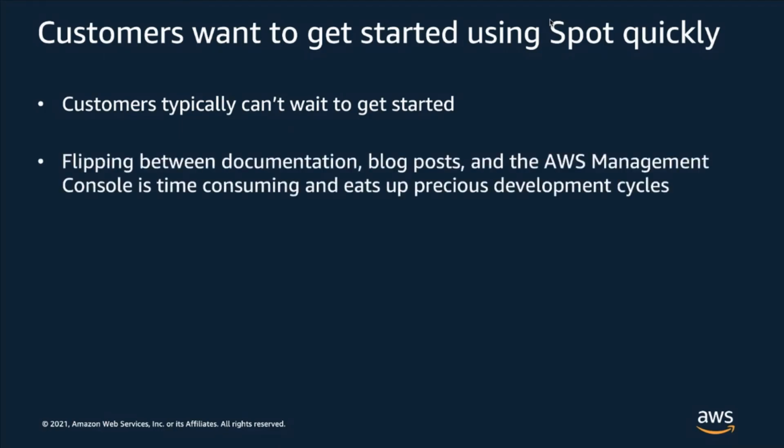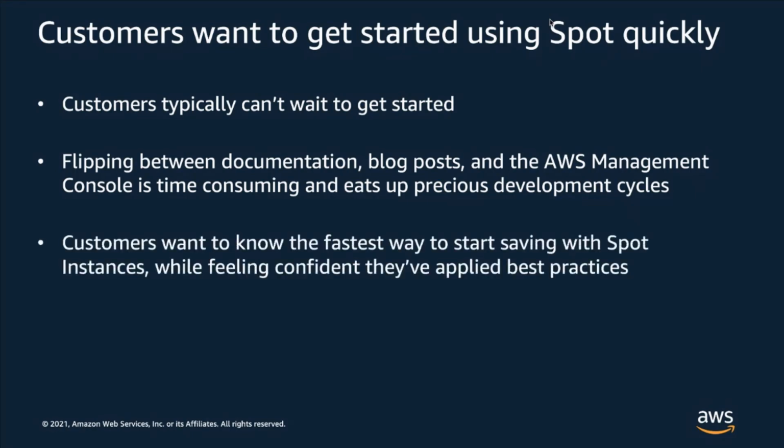We can give documentation, we can give blog posts, we can give tech talks like the one I'm giving, and it still makes customers look around a bit to consume it all, and that takes up some time, right? That's development cycles that you maybe don't have at the moment, or spare cycles that you just don't have today to dig into all of this and to understand. Customers want to get started quickly, they want to learn, and they want to move fast.